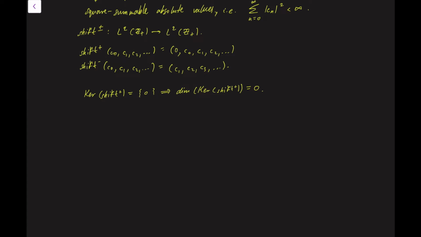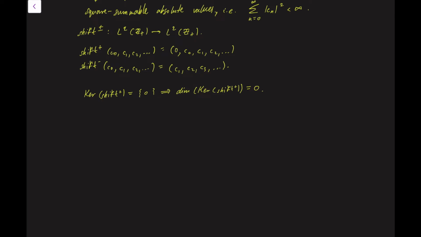Now the co-kernel of the shift plus operator, that's the set of equivalence classes that don't get hit by the shift plus operator. We notice that there's only one sequence representative that doesn't get hit by the shift plus operator.